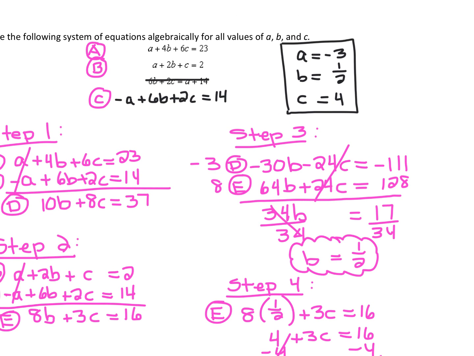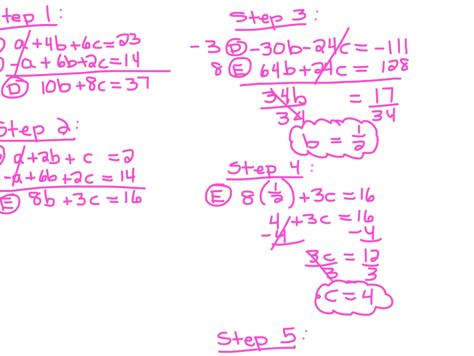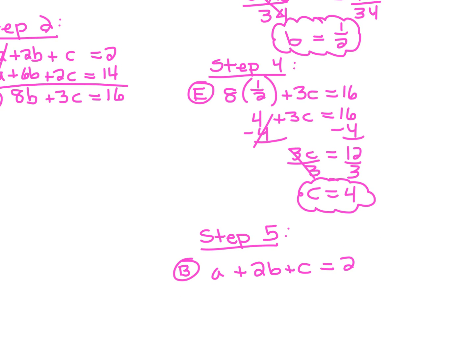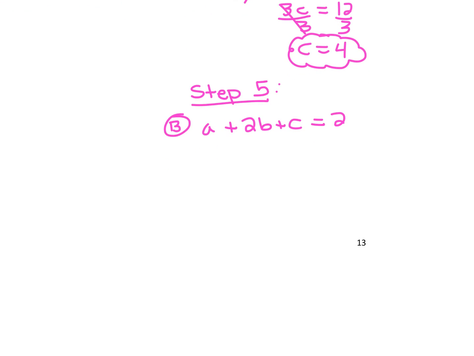So we know that B is 1/2, and we know that C is 4, so we're going to substitute them in for B and C. Okay, so let's do it. So A plus 2 times, we said B was 1/2, and then plus, we said C is 4. We could bring down the equals 2. So A plus, well, half of 2 is 1, right? 2 times 1/2 would be 1.